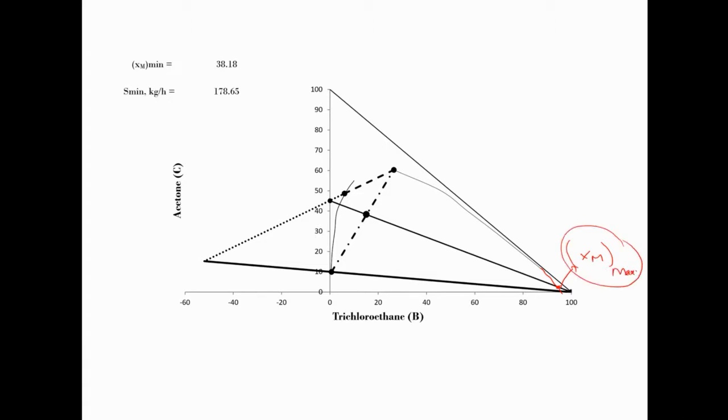Now if you have XM maximum, then this is similar to the one stage calculations. Okay, you go to the other side, the extract layer. Yeah, this is the extract layer.